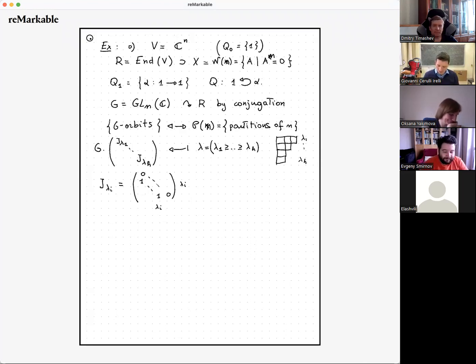Okay, and so G orbits are nicely described in a combinatorial way. And what about the degeneration order?